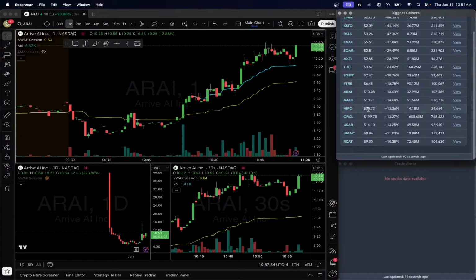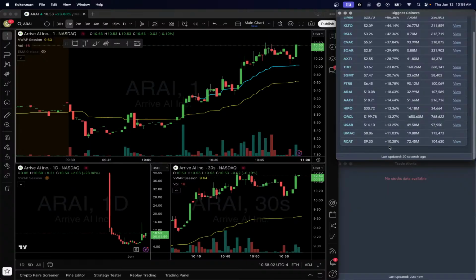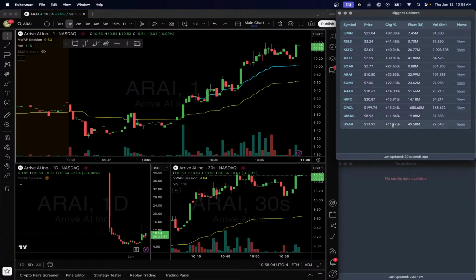What I'm looking for in the biggest gainers is I have the code set for the filter that I wrote. The code is set to only show 10% or higher. See, it updated. The client here on the desktop updated to the server, and some of them went down because some of them are below 10%.